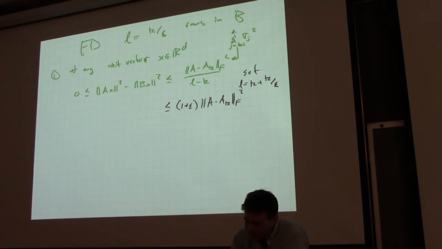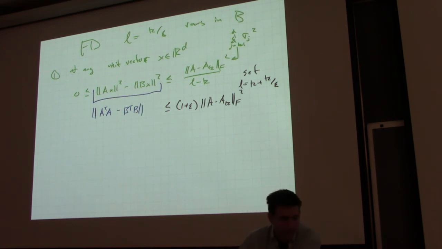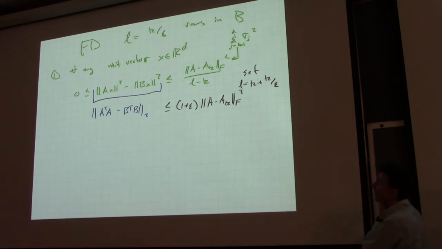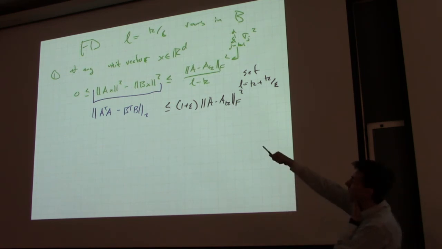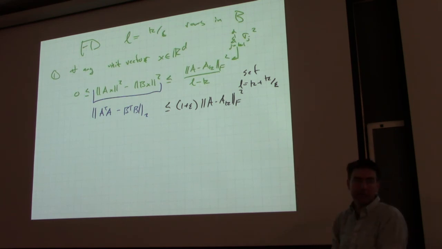Okay, this part here is also equivalent. If you're used to thinking about the covariances of a matrix, then that part is similar to saying that the covariances of the matrices are always close to each other.